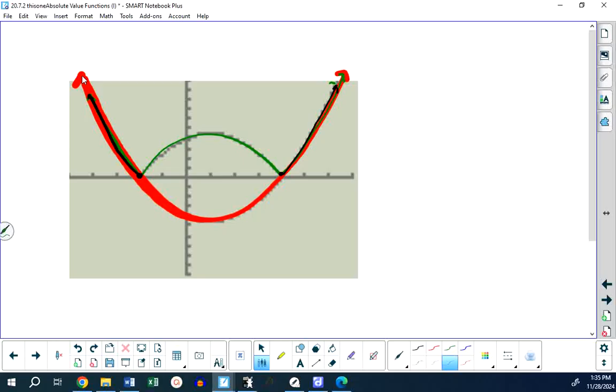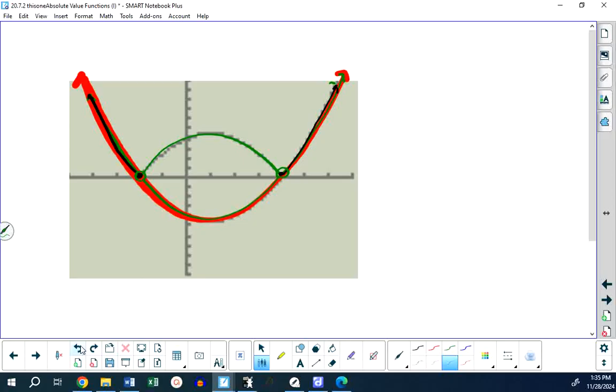Whereas I need to take, if you look up here now, this section of the graph that is below the x-axis. Not those 2 points. Those 2 points are on the x-axis and they didn't need to move.